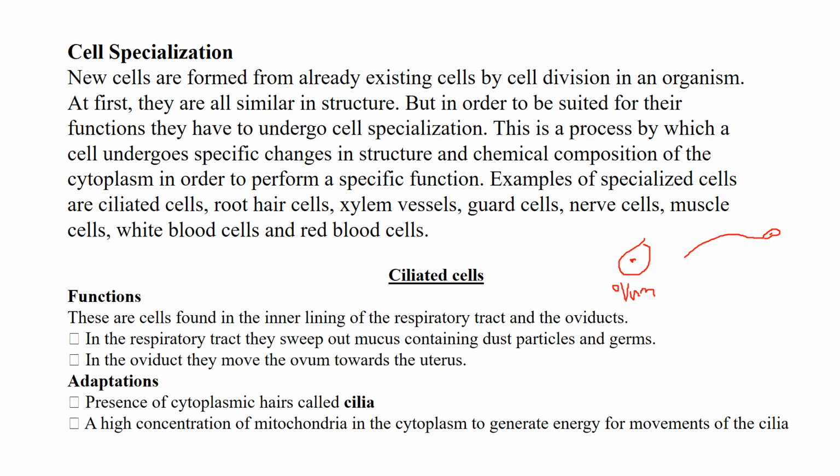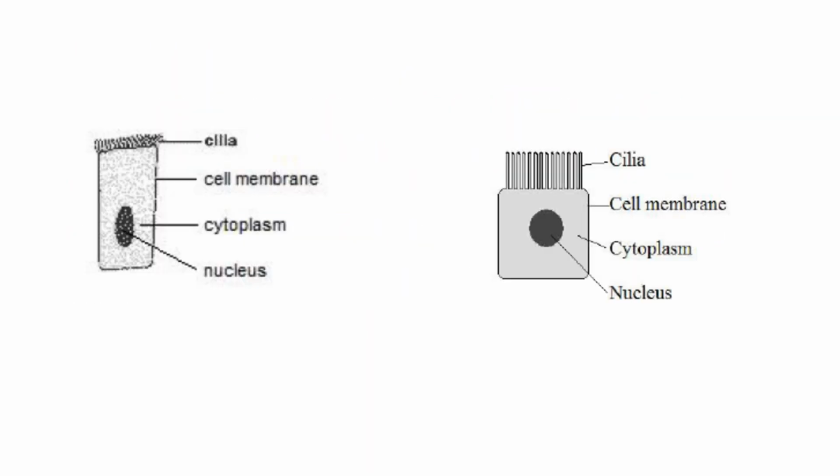All right, what is their adaptation? The ciliated cells have the presence of cytoplasmic hair called the cilia. When we look at the structure of a ciliated cell, it has cilia. This is how it is able to perform its function. So the adaptation of the ciliated cell is that it has cilia here.